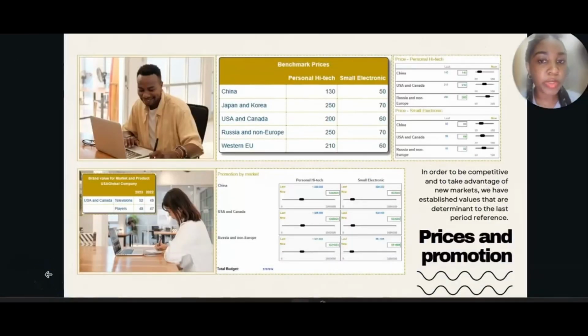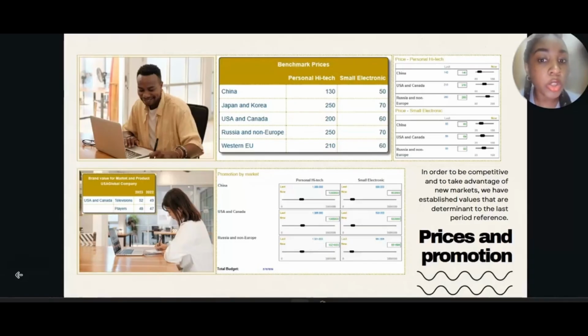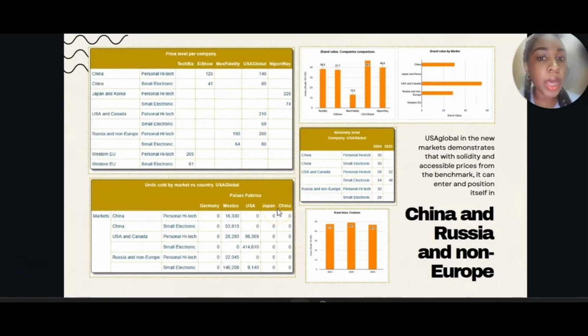Prices and promotions. In this slide, we see how USA Global sets competitive prices to enter new markets like China and Russia. Prices are below the benchmarks to attract customers. The company also increased promotions to support this strategy, in China and Russia and non-Europe.